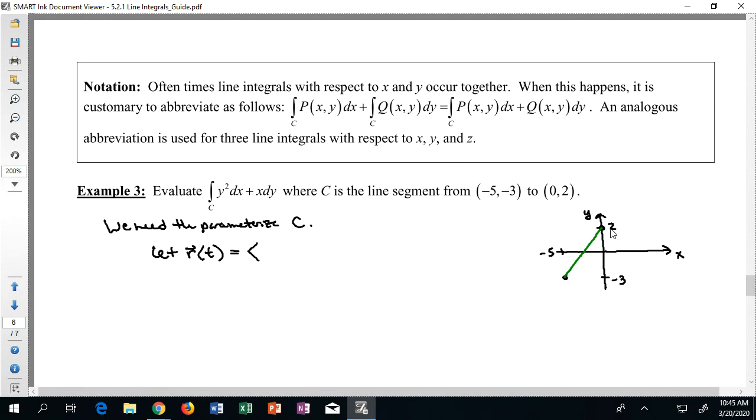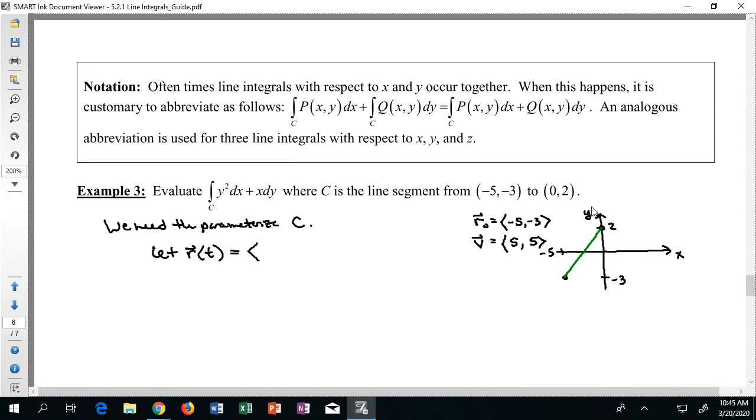So I can imagine that I have a starting point r0 of (-5, -3), and a direction vector to get to my next point where I have to go over 5 units and up 5 units.